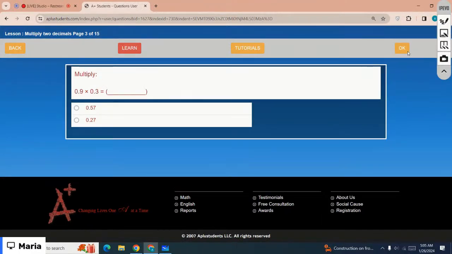The next one is 0.9 times 0.3. So which is the correct option? The correct option is, yes, that is 0.27. Option number 2 is the correct option. Very good.